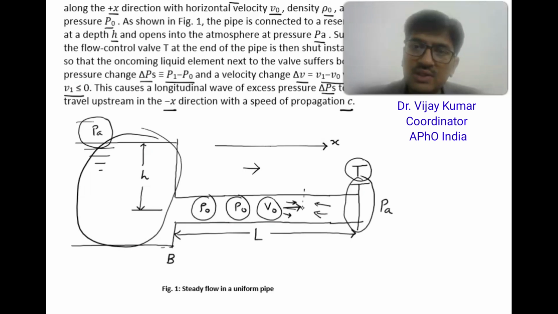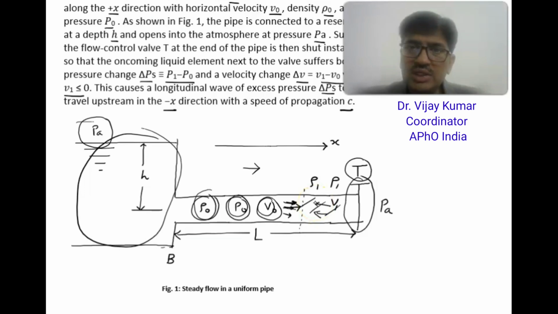Suppose this is a surface at which the incident fluid waves and reflected fluid waves collide with each other. Before this surface, the density is rho naught, pressure is P naught, velocity of the wave is V naught, and suddenly the density becomes rho 1, pressure becomes P1 and velocity becomes V1.